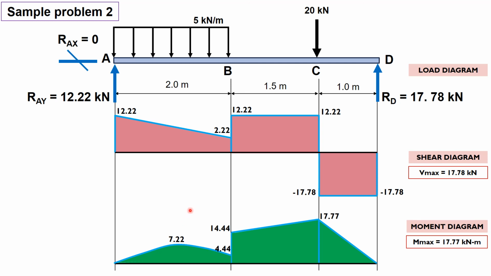And also, titingnan din natin, or we have to observe carefully kung saang point tumapat na merong maximum value of moment. Like for this diagram, makikita natin na yung maximum moment of 17.77 ay tumapat dito sa point C.